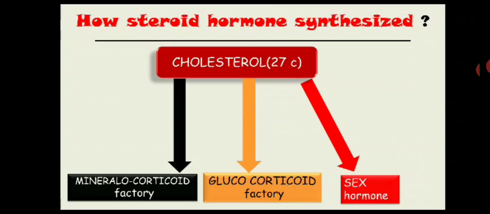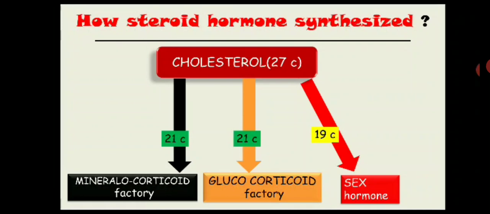Mineralocorticoid is a 21 carbon hormone. In the same fashion, glucocorticoid is again a 21 carbon hormone. It is actually asked in MCQ. Sex hormone is about 19 carbon atoms. Got it? This is a 19 carbon atom. So somehow the bond between the 17 and 20 carbon will be removed.